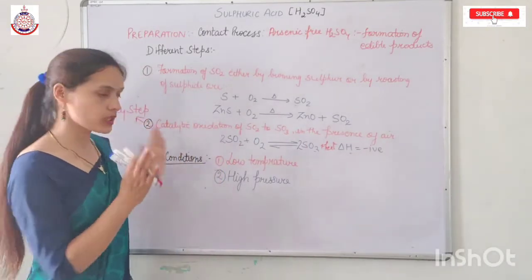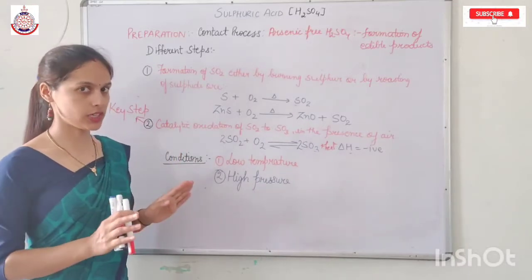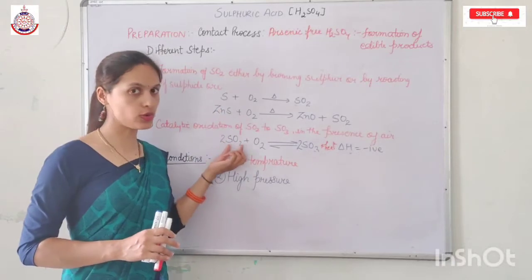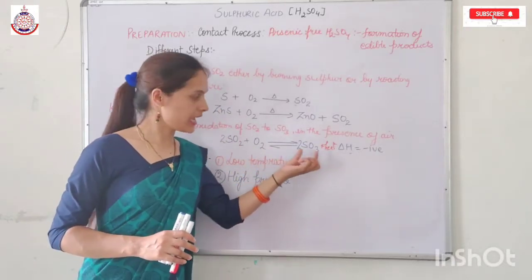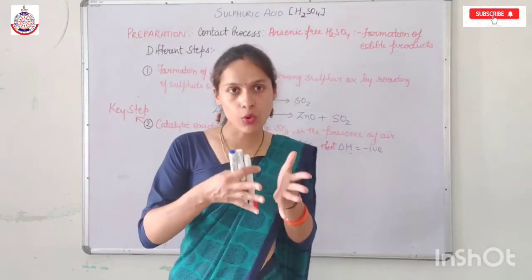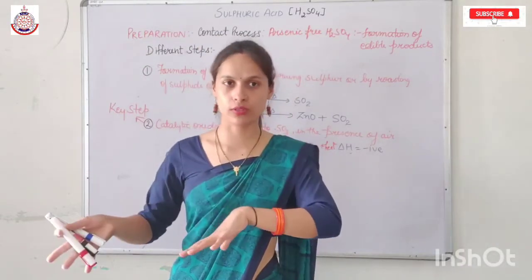Now if we observe the balanced chemical equation, here we have 2 moles of SO2 and 1 mole of oxygen, and here 2 moles of sulfur dioxide, meaning 3 moles get converted into 2 moles.